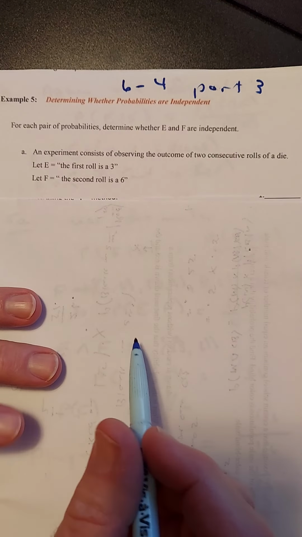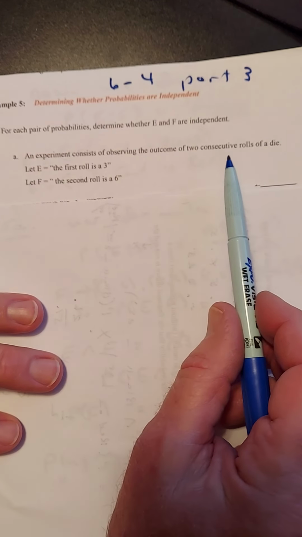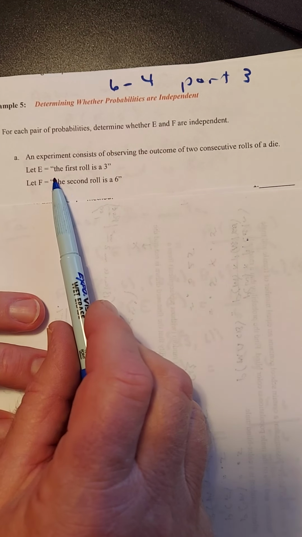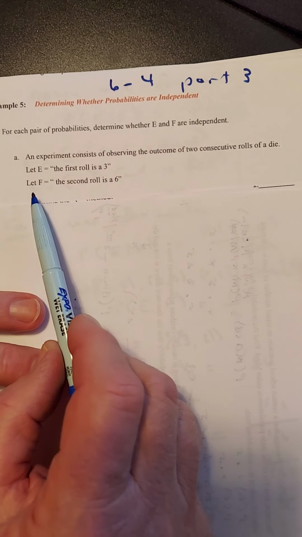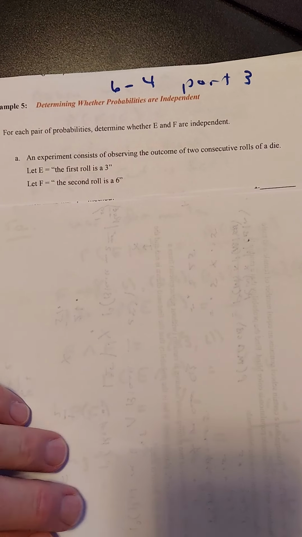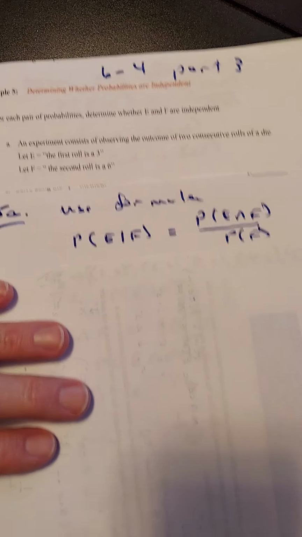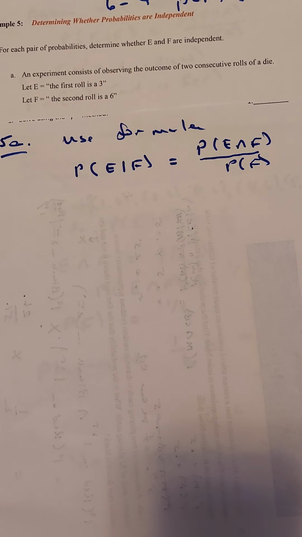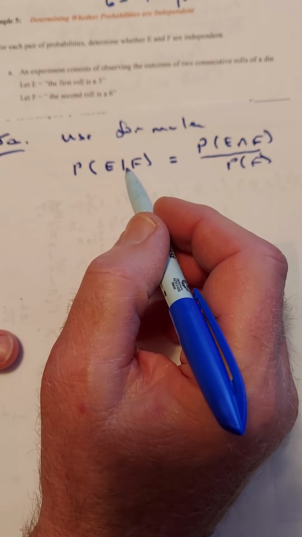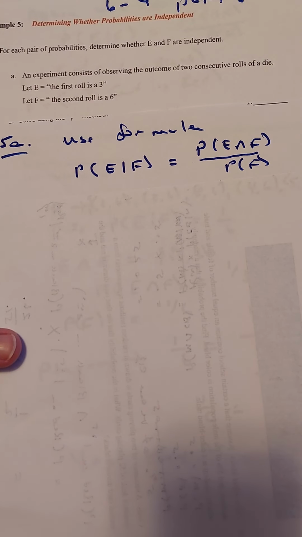So the problem, just to read it real quick, says an experiment consists of observing the outcome of 2 consecutive rolls of a die. Let E represent the first roll being a 3, and F say the second roll is a 6. We'll use this formula for both A and B on number 5. So the probability of E given F equals the probability of E and F over the probability of F.